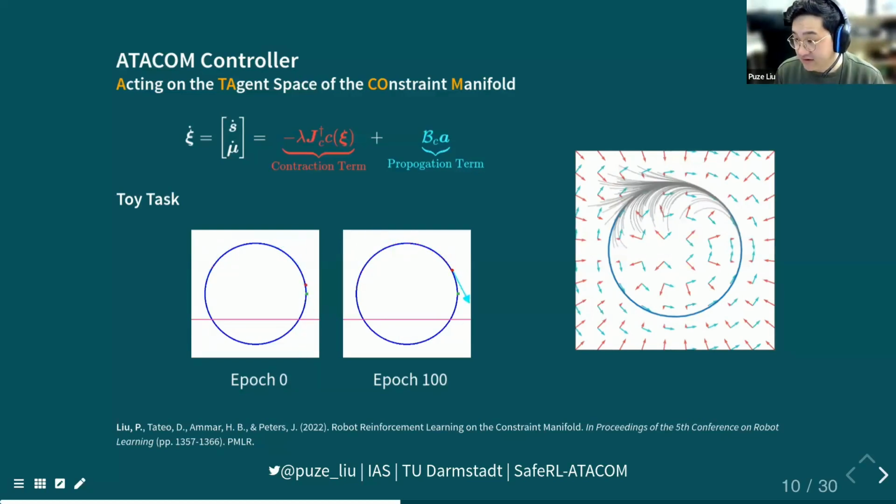So yes, this is actually one of the questions that we always have. When your constraint manifold is approximated, definitely you cannot have strong safety guarantees. But what we have observed is that if you have an approximated one, you probably need slightly higher margins of the safety region.